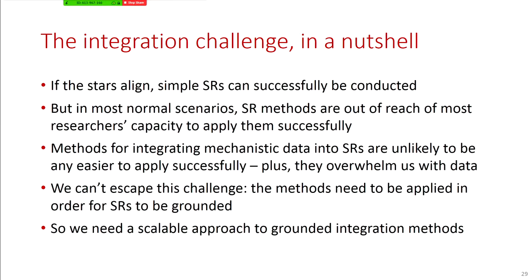It's the complicated ones that tend to struggle, and increasing the proportion of successfully conducted systematic reviews is so challenging. So in most normal scenarios, systematic review methods are actually out of reach of most researchers' capacity to apply them successfully. Methods for integrating mechanistic data into systematic reviews are unlikely to be any easier to apply successfully. It's a much more complex analysis problem, and they kind of overwhelm us with data.